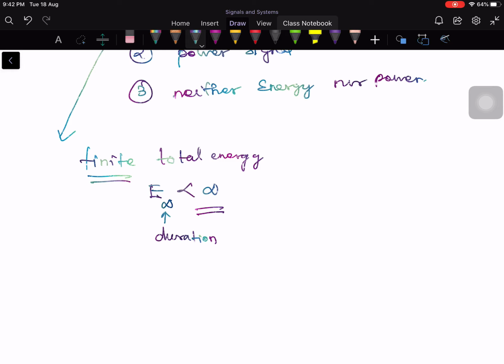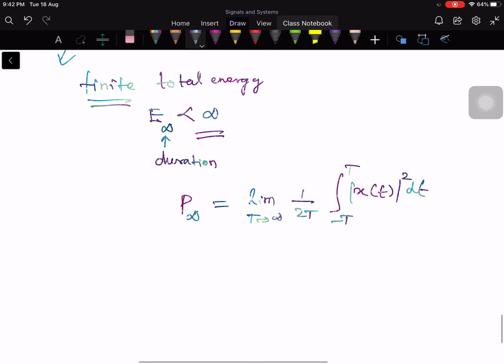Why? Because we know the relation P infinity is equal to limit T goes to infinity, 1 over 2T, integral from minus T to plus T of x squared of t times dt. Now what is this integral? This is the energy.